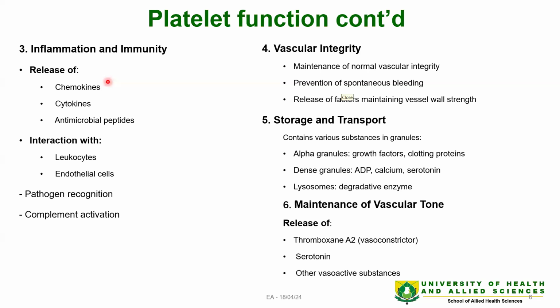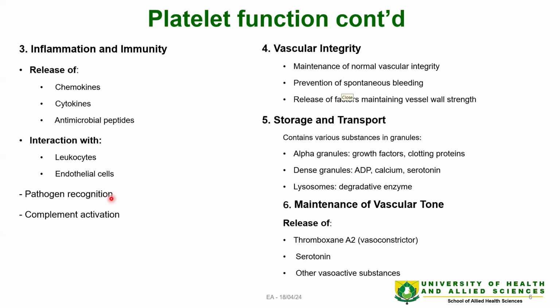Tissue factor together with factor 7 is able to form what we call the factor 10 activator. This will help further to form the prothrombin complex that is going to help break down prothrombin to form thrombin. Thrombin in turn is going to cause the breakdown of fibrinogen to form fibrin.